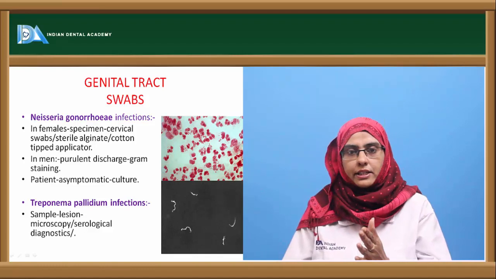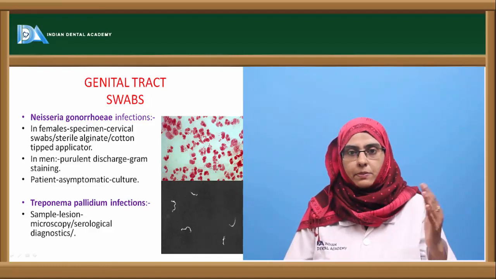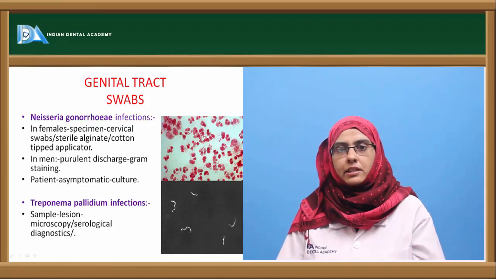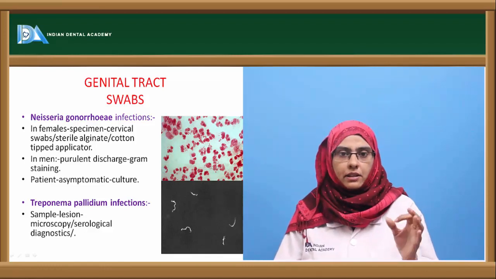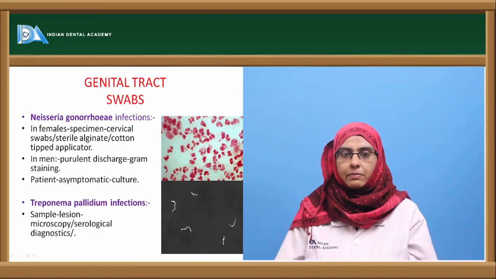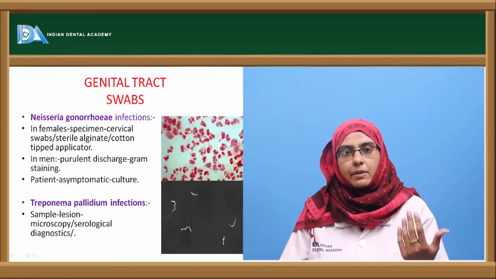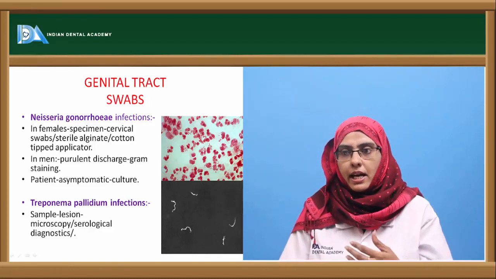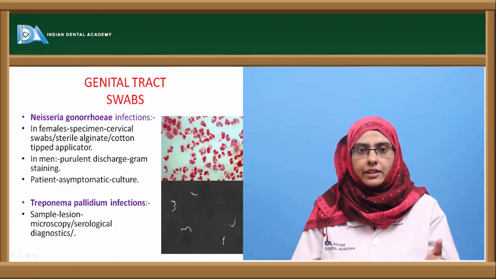The organisms are Neisseria gonorrhoeae and Treponema pallidum. For suspected Neisseria gonorrhoeae infection in females, the specimen collected is a cervical swab, and an alginate swab or a cotton-tipped applicator can be used to collect the specimen from the cervix. And in males, it is a purulent discharge that can be directly seen under the microscope. And if the patient is asymptomatic, then cultures have to be carried out to identify the organism.